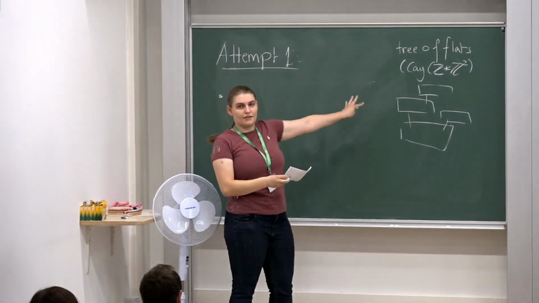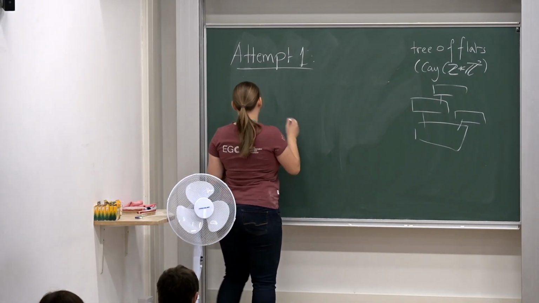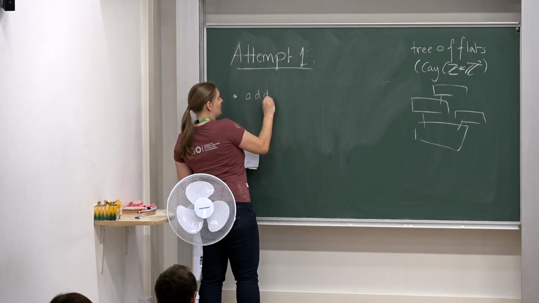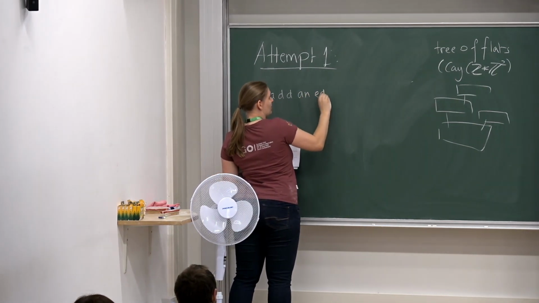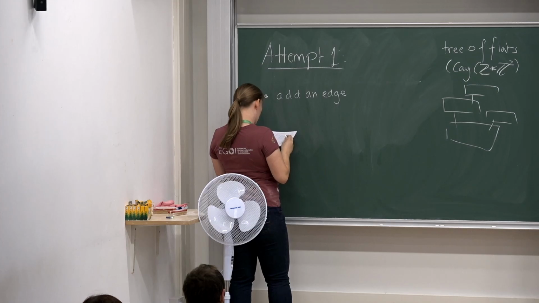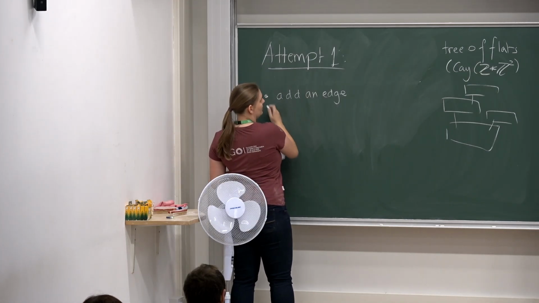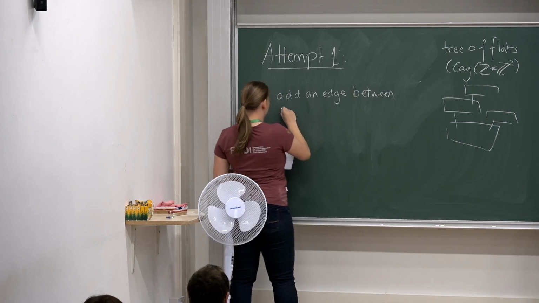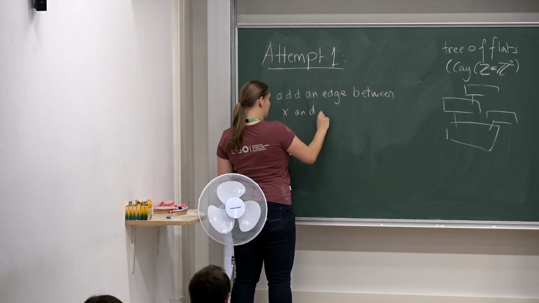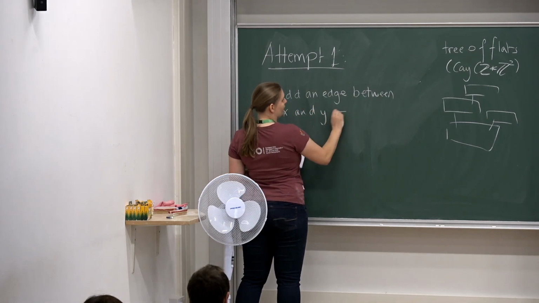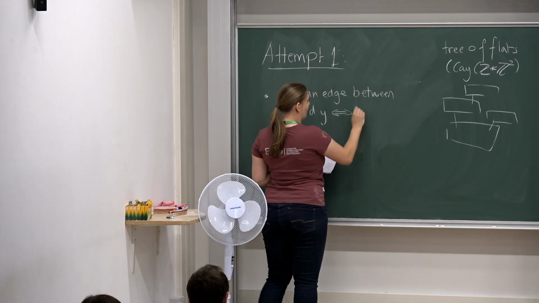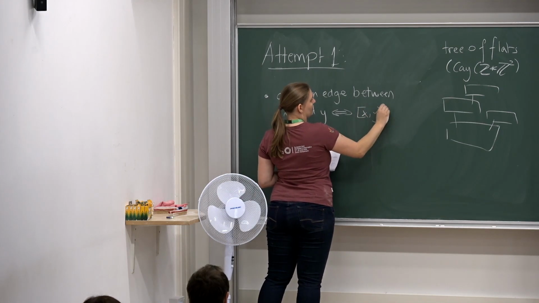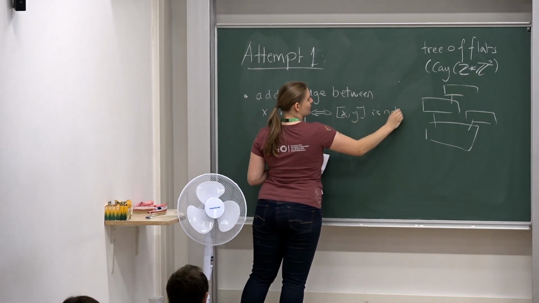we're going to start with the graph and then we're going to add an edge between x and y if and only if the geodesic between x and y is not thin.